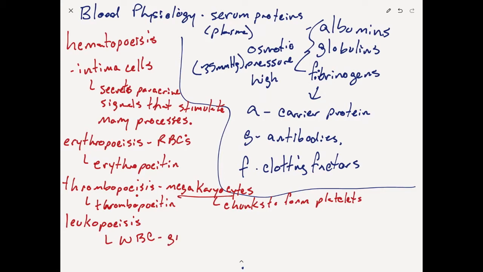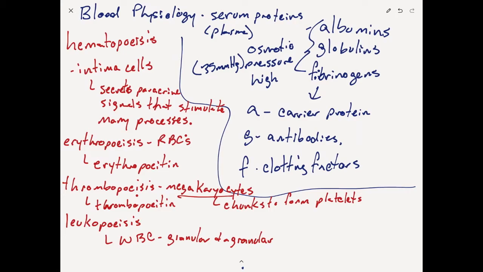You have granular and agranular, and they serve many different purposes in immunity, in recognizing out of control cells. They're kind of the cleanup, and then they serve many different functions in the body. So leukopoiesis is going to be the most diverse.